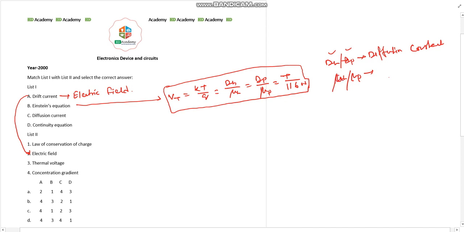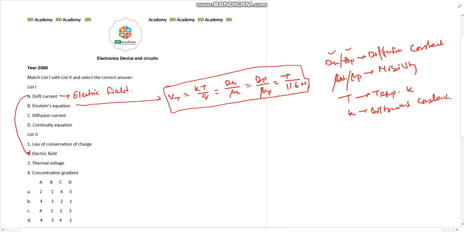T is the temperature in Kelvin, k is the Boltzmann constant, and you should all write the Boltzmann constant value in the comment section.